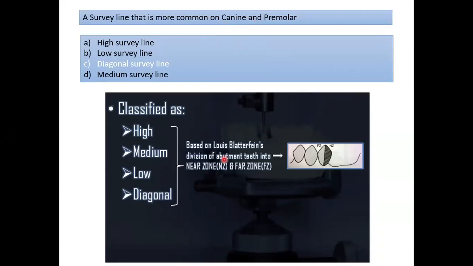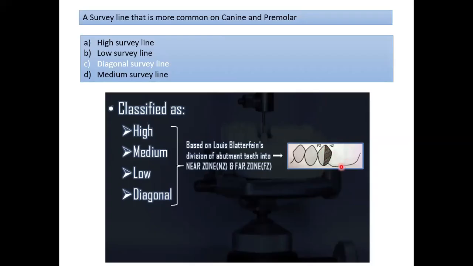To make this a little bit easy, to understand how the high, medium, low and diagonal survey lines are located, you should divide the tooth. If you are planning to replace the missing teeth in this region, and this is your primary abutment for your removable cast partial denture, divide the primary abutment into half.